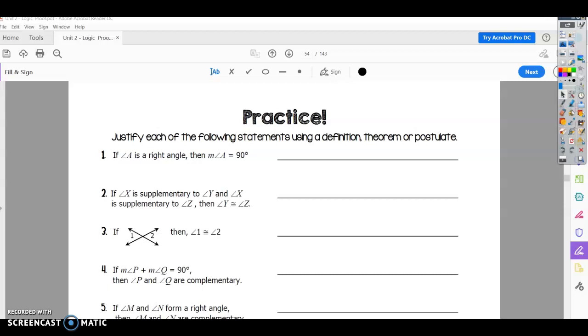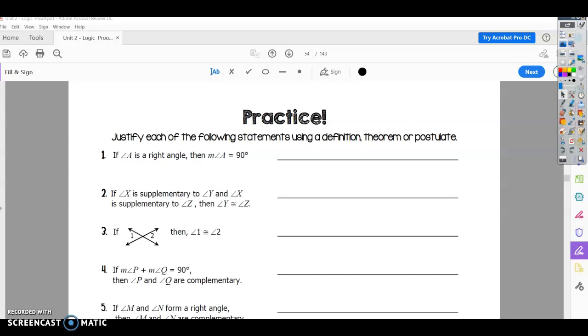All right, we're still talking about angles, and now we're going to put some of the things that we have looked at into practice. So it says here, justify each of the following statements using a definition, a theorem, or a postulate. And on the previous page, we talked about all the definitions, theorems, and postulates for angles.